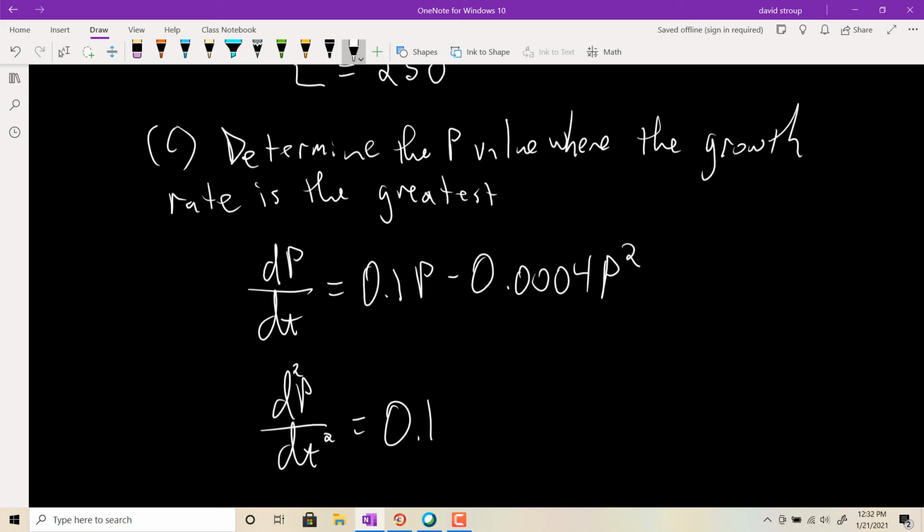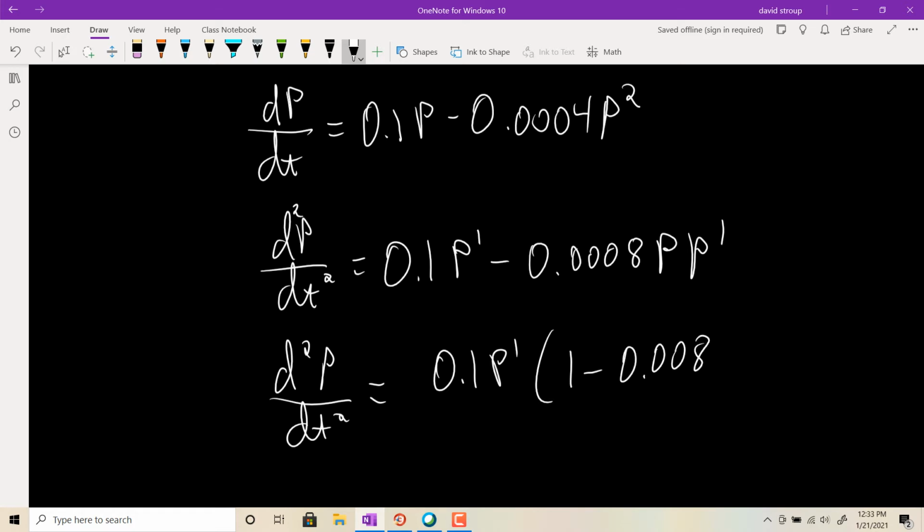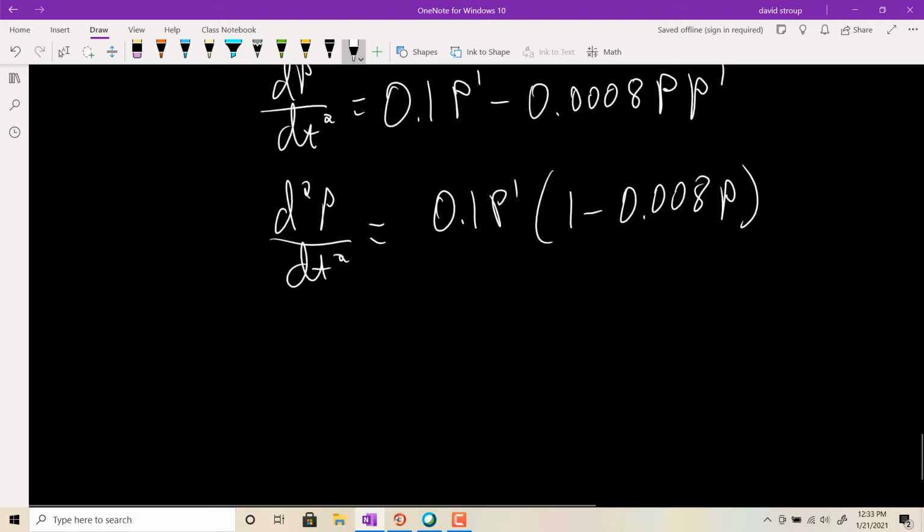I have 0.1 times 1 p prime, so 0.1 times p prime, minus, doing a power rule here, 0.0008 times p prime. Okay. Then I'm going to rewrite it a little bit so it's easier to set equal to 0 and solve. So we'll have 1 minus 0.008 p, okay, and then we set it equal to 0 and get the inflection points, if there are points.